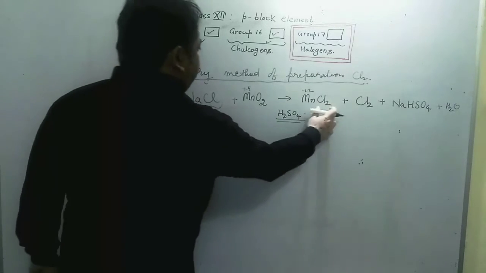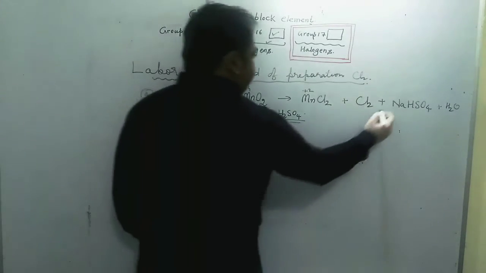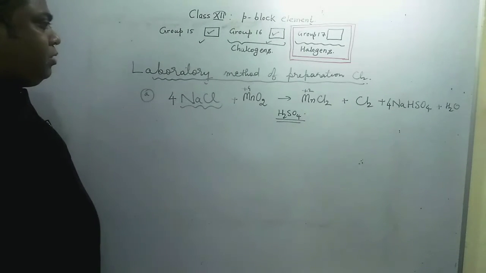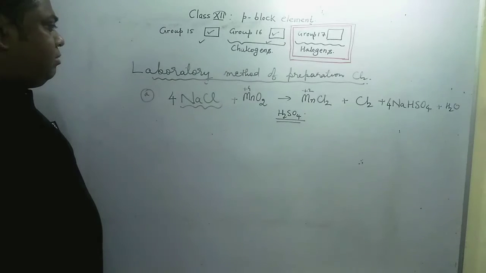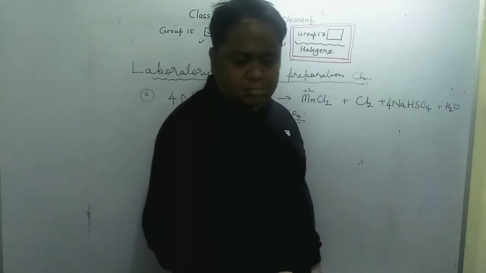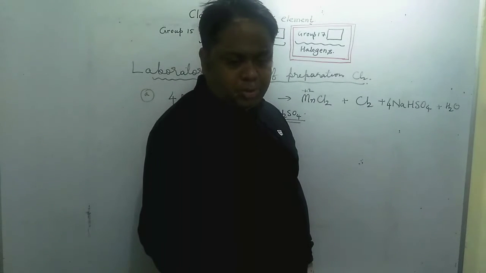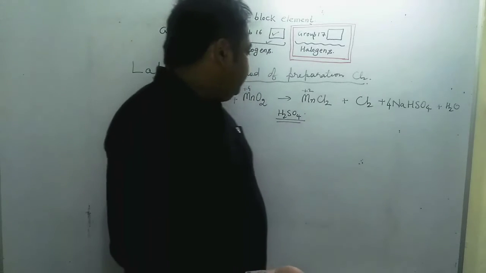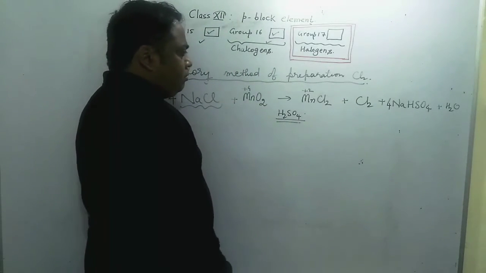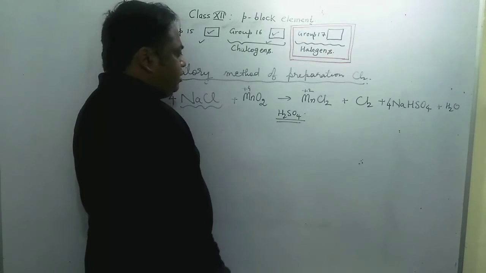2 chlorine and here 2 chlorine are there. 4. So we'll give 4 over here. This will become 4. After that, oxygen we can balance. H2SO4 also we had taken. Here 4 oxygen is there, 2 oxygen is there.